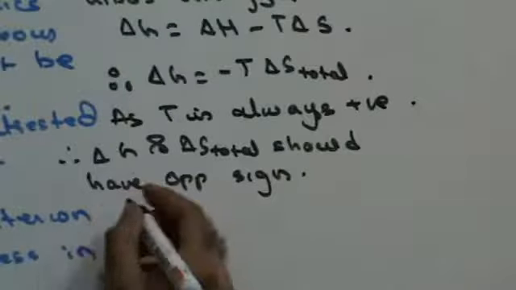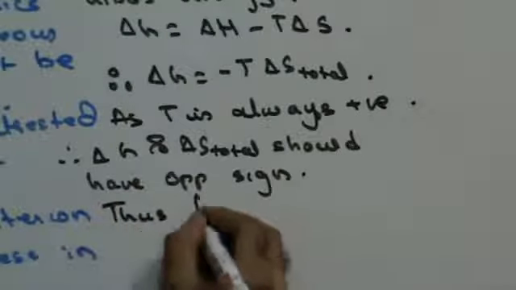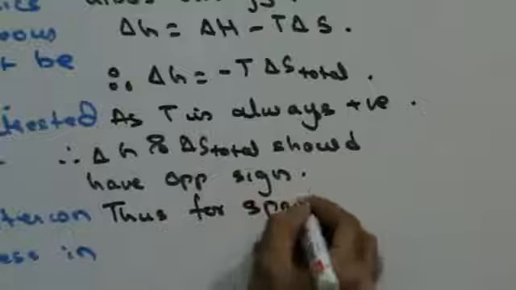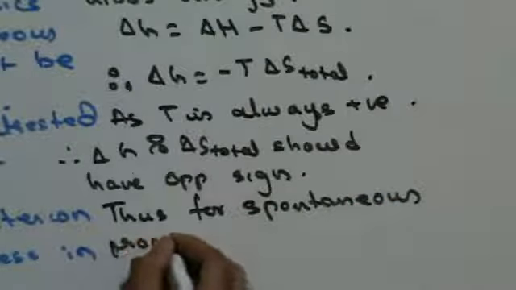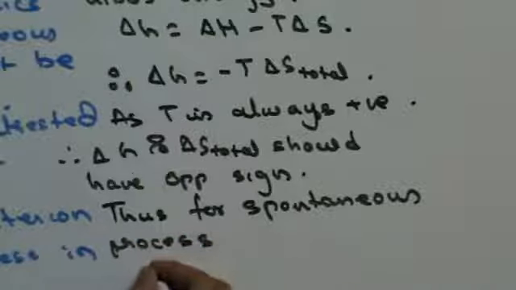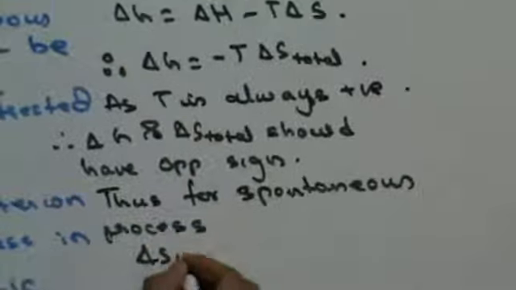Thus for a spontaneous process, we know that delta S total is greater than 0. If delta S total is greater than 0, then delta G should be less than 0.